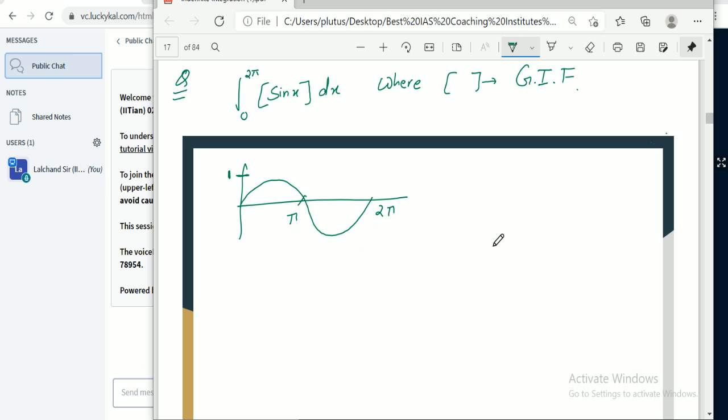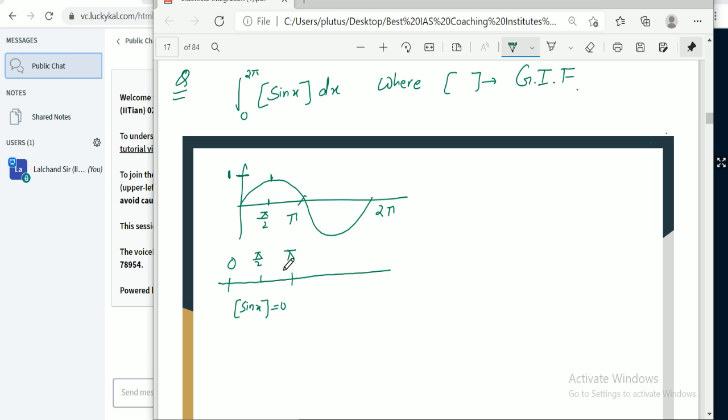So in the interval from 0 to pi, the greatest integer of sin x is 0, and in both parts this is 0.